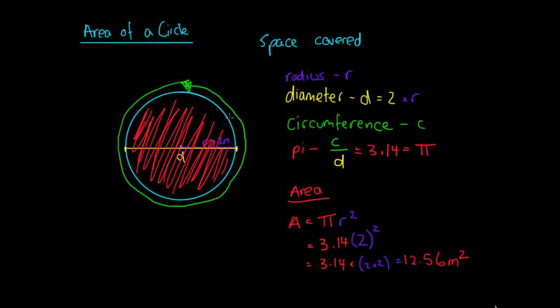So that's how we work out the area of a circle. You just need to remember that the area is pi r squared and pi is equal to 3.14. So that's area of a circle in a nutshell. Thanks guys.